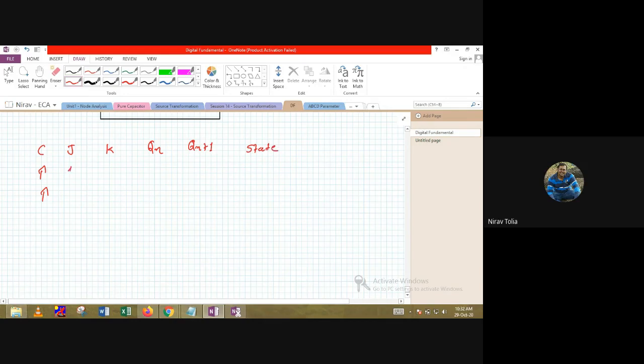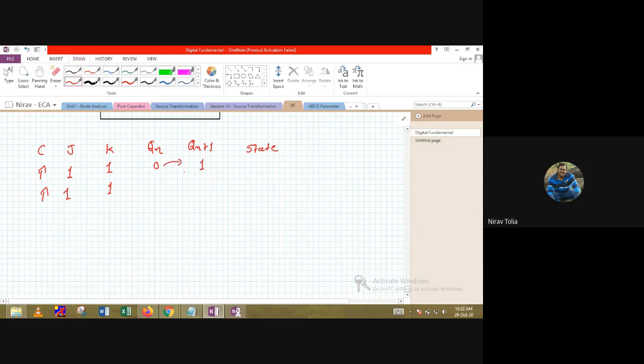So if my J and K are both 1 1, and now if my Qn is 0, it will toggle from 0 to 1.